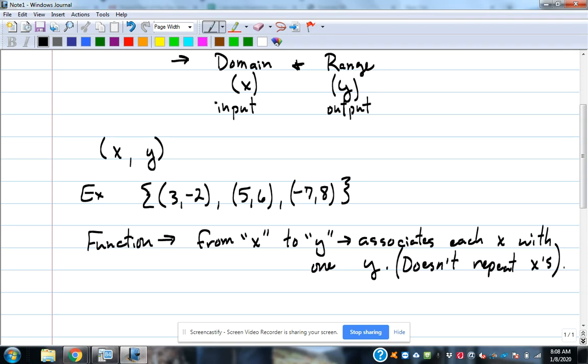So a relation is a set of ordered pairs. A function is a special relationship between ordered pairs, and the x's don't repeat. That's the difference between a relation, just a set of ordered pairs, and a function: x's can't repeat and be a function. Okay, so we're going to play the game.